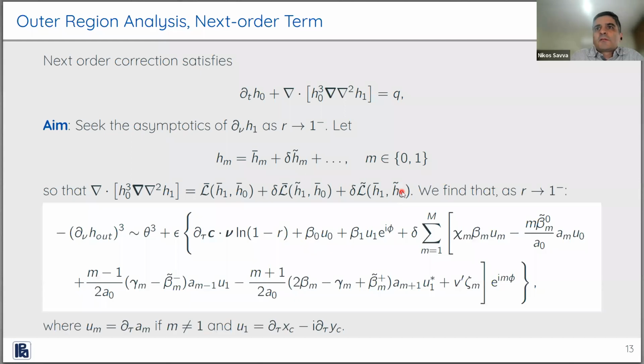If we do this, we end up with this difficult, complex looking expression, where we can see, for example, these betas and gammas appearing, and these v's. The v's correspond to the rate of change of the harmonics. The betas correspond to solving this problem equal to the corresponding solution to this and that. The blue terms are captured by the azimuthal disturbances, and the orange terms are captured by the influence of the centroid motion on the azimuthal disturbances.